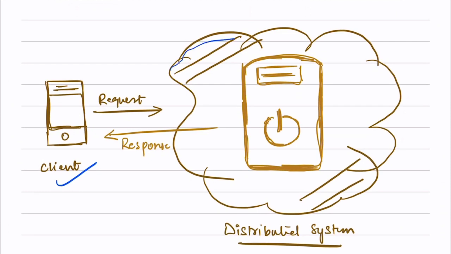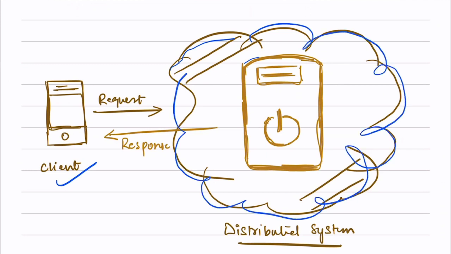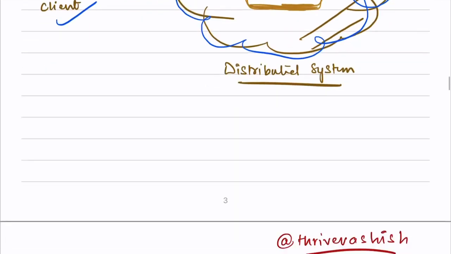This appears as a whole system to you. The drawing I have drawn is not that good, but internally there will be separate components which work together to serve the user's request and send the response, and it appears as one system. So this is the view you can have of distributed systems.